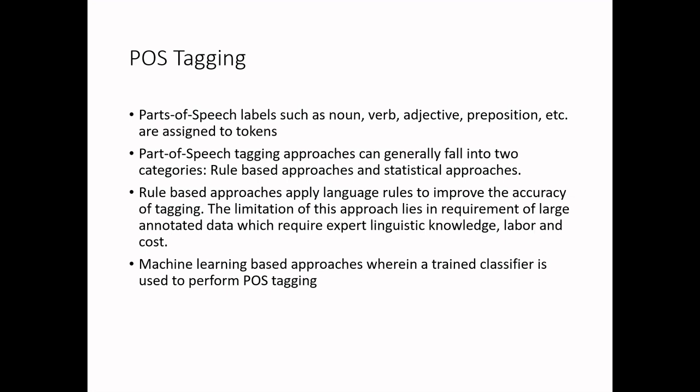One is what you can call a rule-based approach, and the second one is a statistical approach. In the rule-based approach, we make use of language rules to improve the accuracy of tagging. The limitation of this approach is that you need large annotated data which requires expert linguistic knowledge, labor, and cost to come out with those rules.